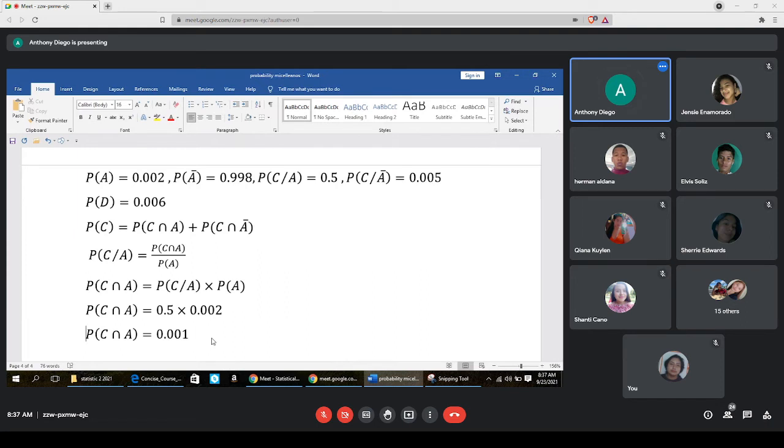Now, we need to find C intersecting A complement. And that can be done using this here. Because we want to find C intersecting A complement, it's going to be something similar to this here. I'm just going to be changing some stuff.